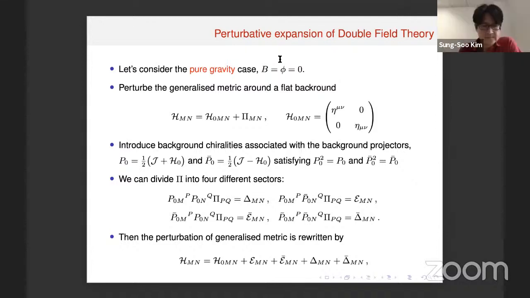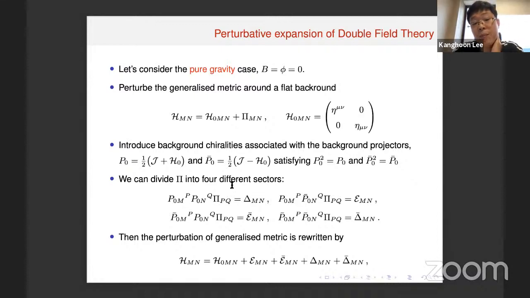And perturb the generalized metric around the flat background. This is a fluctuation, and then we can always decompose it into four different sectors. This is because we can introduce chirality operators.